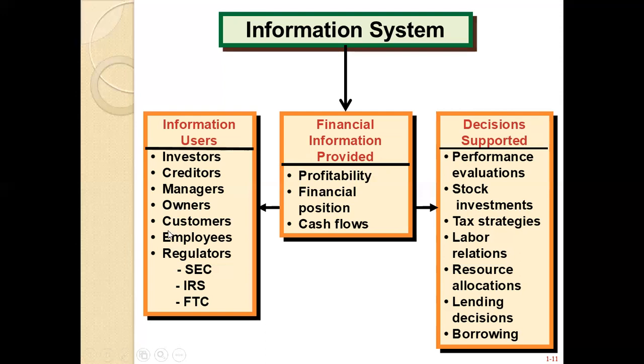They need to know about the accounting and financial information of a company. Similarly, owners and customers, employees, and some regulatory bodies like the SEC, Securities and Exchange Commission, the IRS, Internal Revenue Service, and in Pakistan the FBR. These are institutions that must investigate and see the financial reports, what the business is doing and how much profit, because they are going to apply taxes. Besides these institutions, employers, owners, managers, creditors, and investors are also willing to see the accounting information.